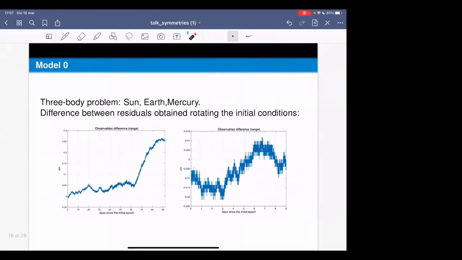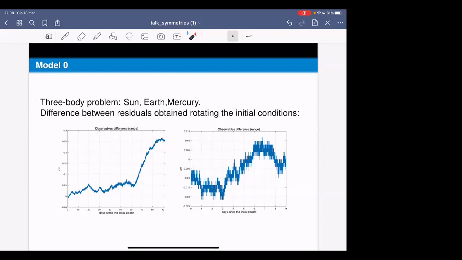So model 0 is the one only involving the Sun, the Earth, and Mercury. If you want, it is exactly the situation where we started from. And what we plot here is the difference between two residuals obtained rotating the initial conditions. These are all simulations, of course. We calculate the residuals for a certain set of values of the parameters.